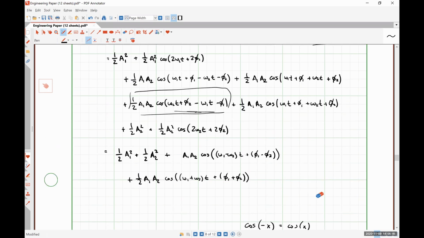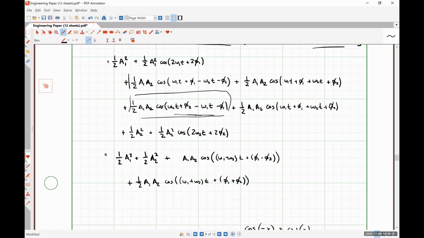The bits where we take the difference actually represent the exact same angle. It's just the cosine of negative x and the cosine of positive x. And over here, omega 1t plus phi 1 plus omega 2t plus phi 2, it's the exact same angle again. So we're going to get rid of this 1/2 side, and then we've got that taken care of.